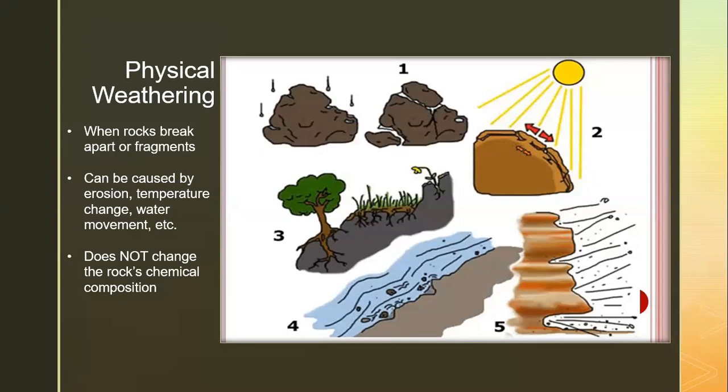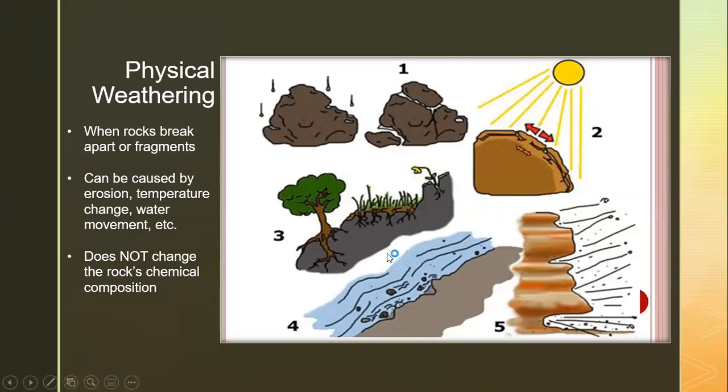Now there's two types. This first type is called physical weathering. What physical weathering essentially does is it affects the size of the rock, if you will. Physical weathering is the physical breakdown of a rock due to some type of movement or some type of physical change.